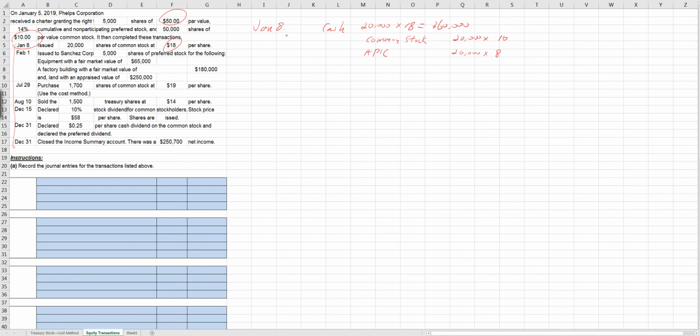All right. So February the 1st, we issue preferred stock in exchange for assets. We issued 5,000 shares of preferred stock in exchange for assets: equipment, building, and land.